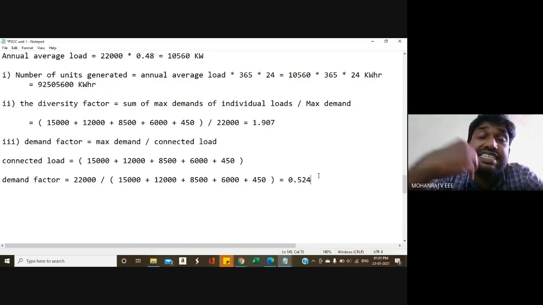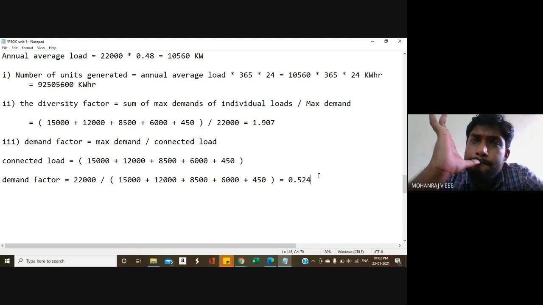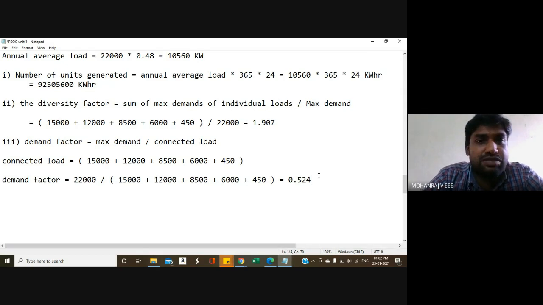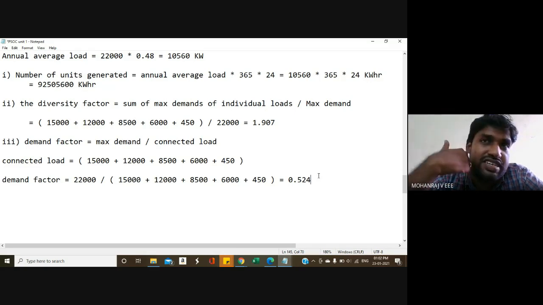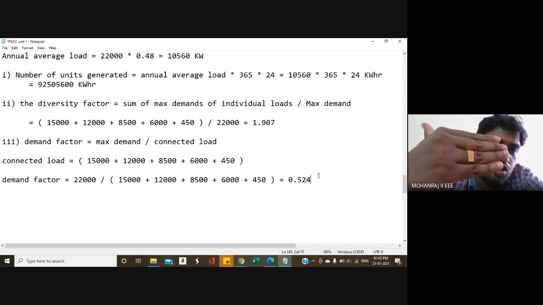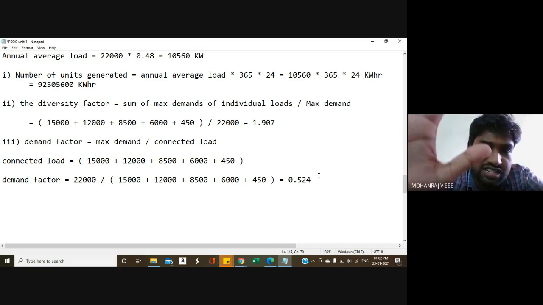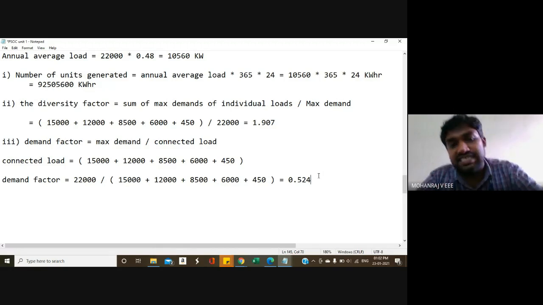Whereas coincidence factor is the sum of maximum demands of individual loads divided by maximum demand, and then you take the inverse. So they two are different. In this particular case, the results are the same, but they will not be the same for all cases.